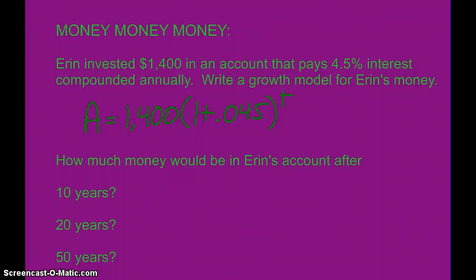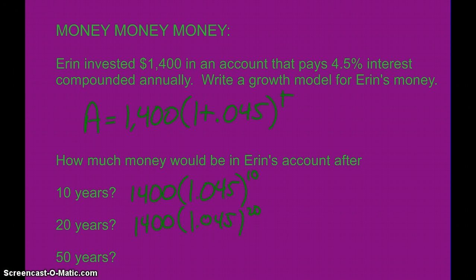So if I wanted to figure out these questions at the bottom, for 10 years, we would take $1,400 times 1.045 to the 10th power. For 20 years, we take $1,400 times 1.045 to the 20th.